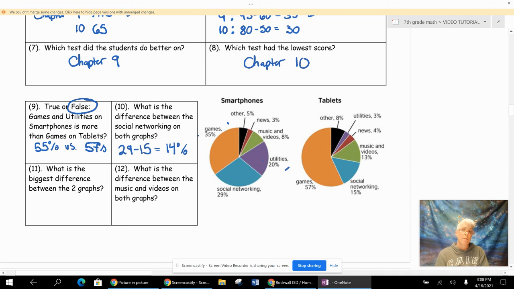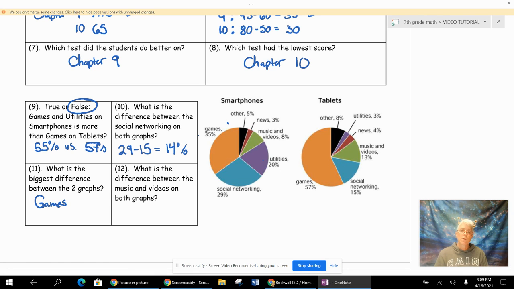But gaming, they're gaming more on tablets. That's kind of quick and interesting information. What is the biggest difference between the two graphs? Looking at the graphs, I would say games. Just looking at it really quick, it is a much bigger piece of the pie for tablets.